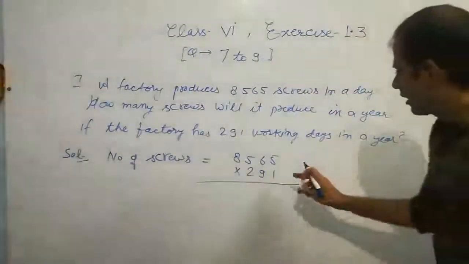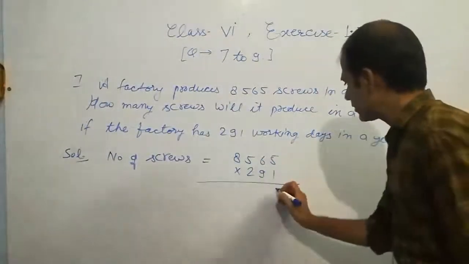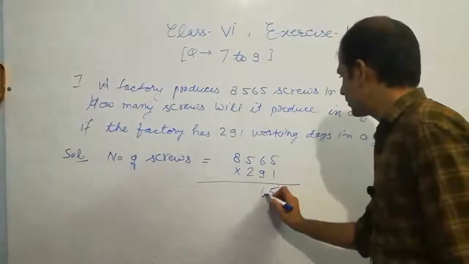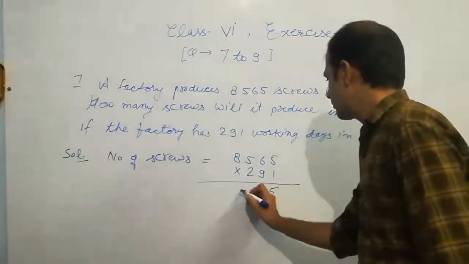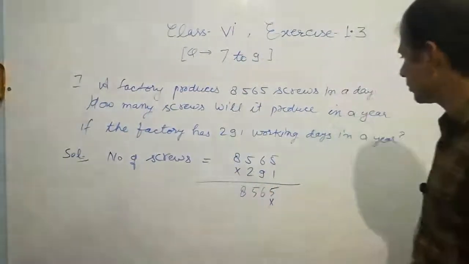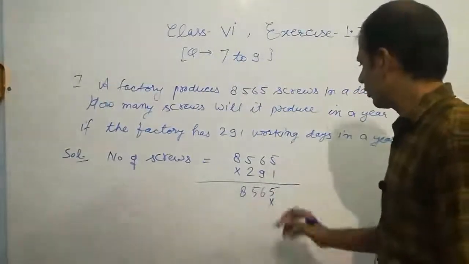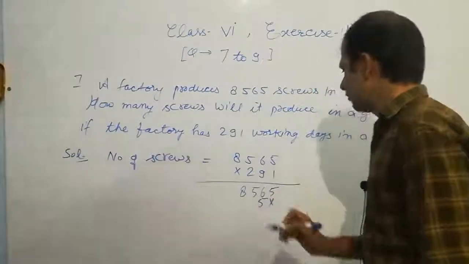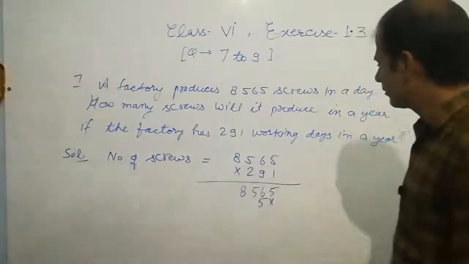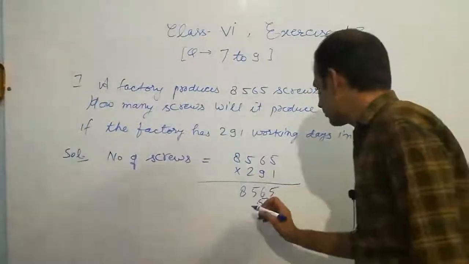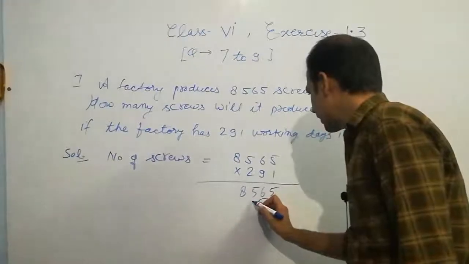Multiply 1 by all these, we have 5 6 5 8, cross multiply by 9. 9 5s are 45, 4 carry, 9 6s are 54 plus 4, 58.